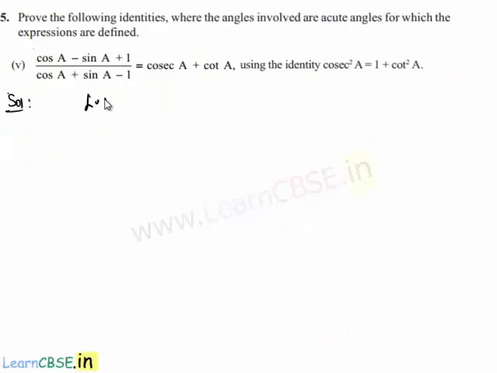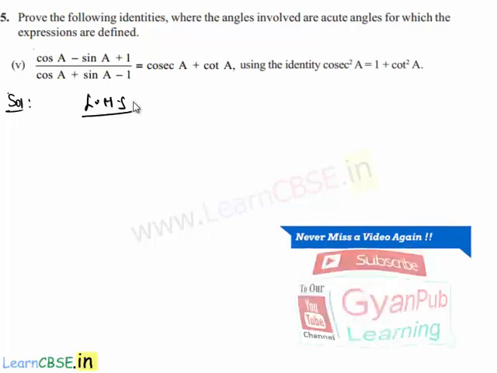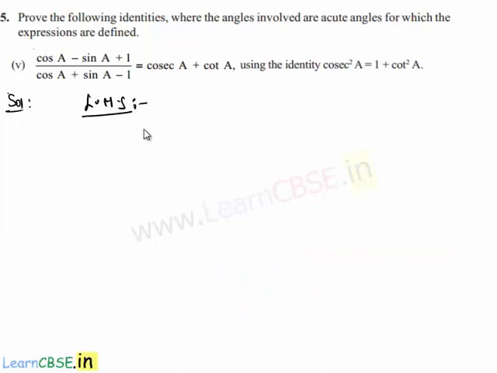Let us consider the left hand side, that is (cos A minus sin A plus 1) divided by (cos A plus sin A minus 1).